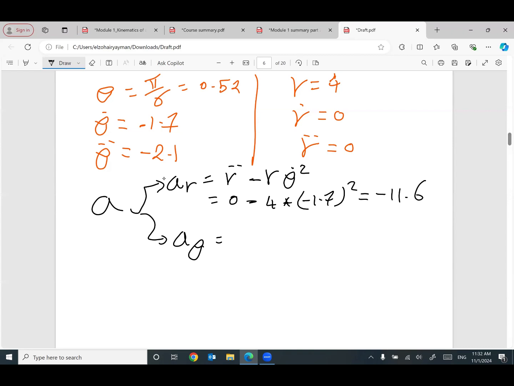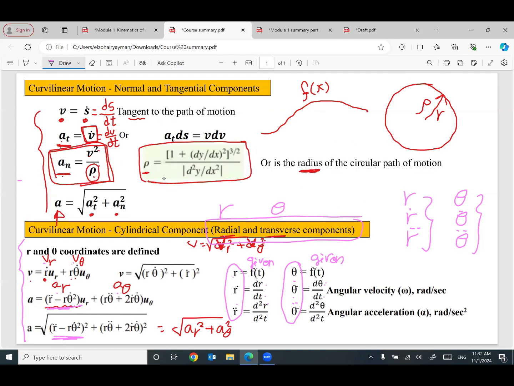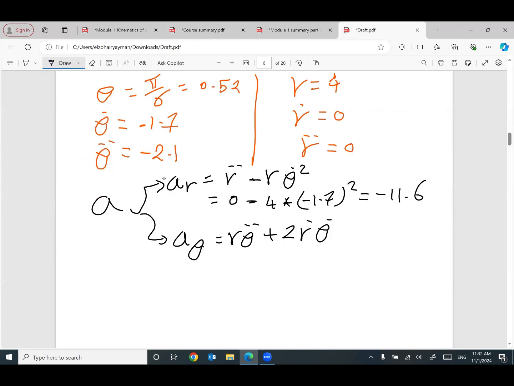A theta equals r theta double dot plus 2 r dot theta dot. If you go back to the summary, here you go. Here is the value of the transverse component of the acceleration, r theta double dot plus 2 r dot theta dot. Just go ahead and put your numbers: r equals 4, theta double dot equals negative 2.1, plus 2 times r dot 0 times theta dot negative 1.7.